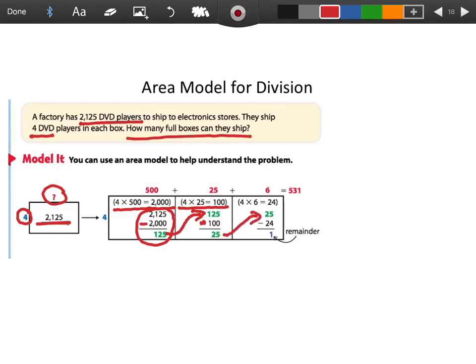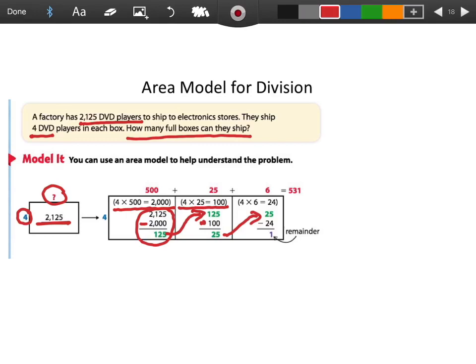So I have 25 DVD players left to pack, 4 in each box. Let's see here. 1 box would be 4, 2 boxes would be 8, 3 boxes would be 12, 4 boxes would be 16, 5 boxes would be 20, 6 boxes would be 24, and I don't have enough to pack 7 boxes.